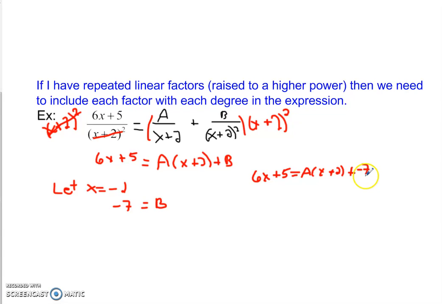So my first step here would be to add 7 to both sides, and I get 6x plus 12 equals A times x plus 2. I'm not necessarily going to divide both sides by x plus 2, but you'll notice here if I factored out an x plus 2, I'd have a 6 on the outside. And so I can recognize, of course, that A is equal to 6. So that's pretty cool.